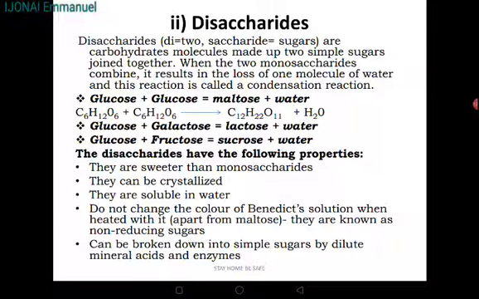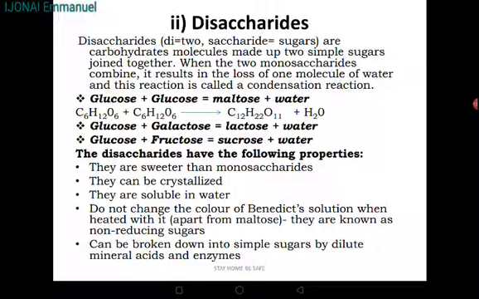Let's look at the properties of disaccharides. They are more similar to those of monosaccharides, but I want you to be observant to see where the differences are. One, they are sweeter than monosaccharides. Yes, one of the examples of a disaccharide is the common sugar we use at home, the table sugar for making tea.